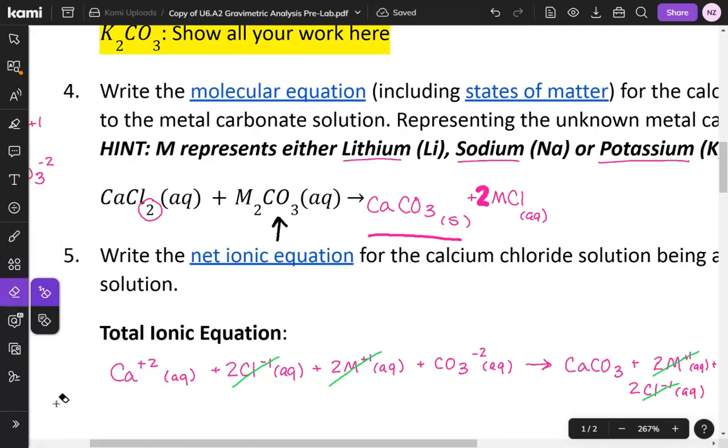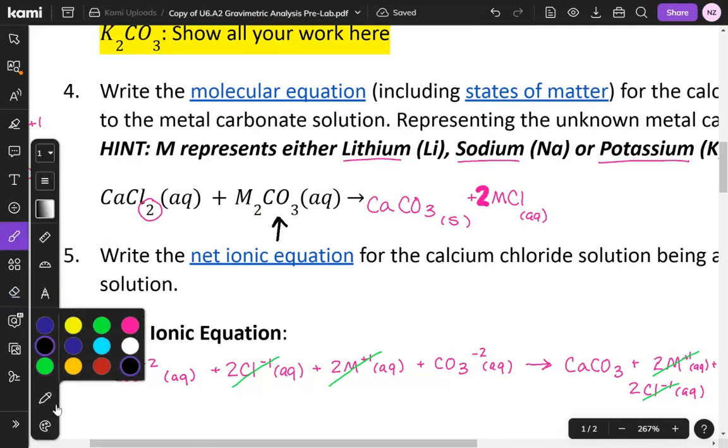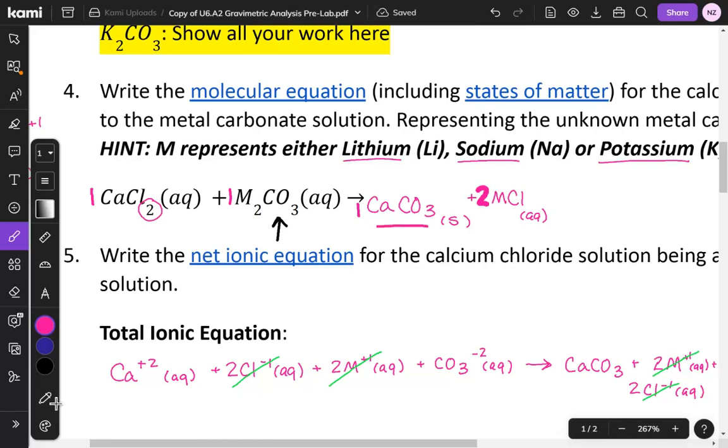And if you look at our equation, with the exception of our MCl on the right-hand side, everything has a coefficient of 1 in front of it. So the ratio of calcium carbonate to our unknown metal is 1:1. So for every 1 mole of calcium carbonate, I need 1 mole of our metal carbonate.